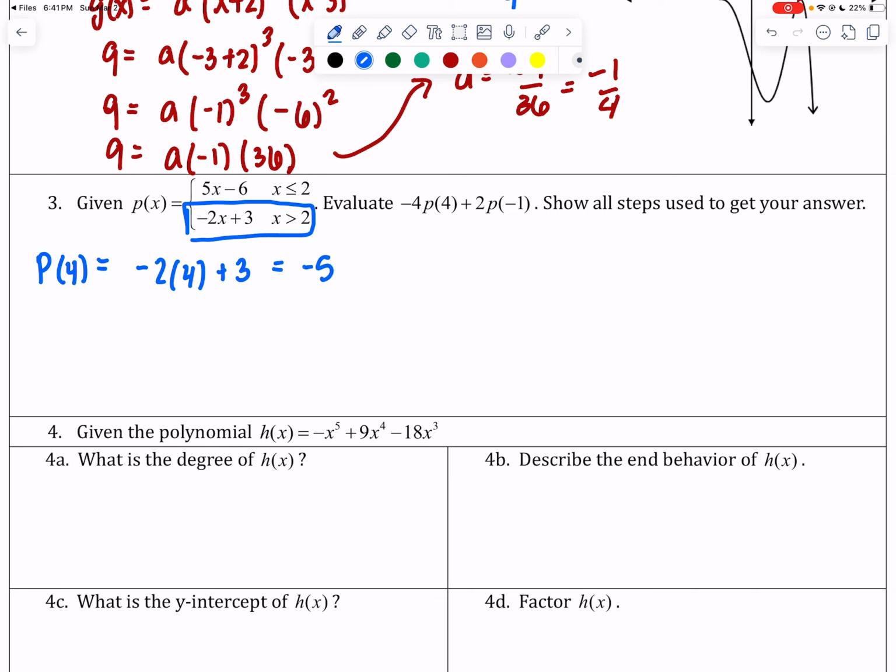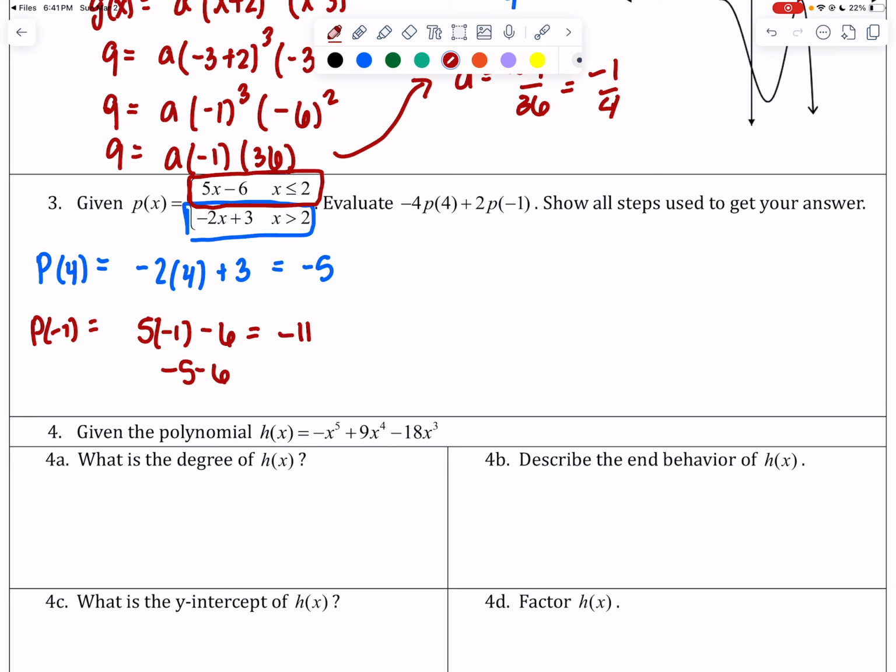Which gives me a value of negative 5. And then if I were to do p of negative 1, I'm going to use my first subfunction because negative 1 is less than or equal to 2. So that's going to give me negative 5 minus 6, or negative 11.